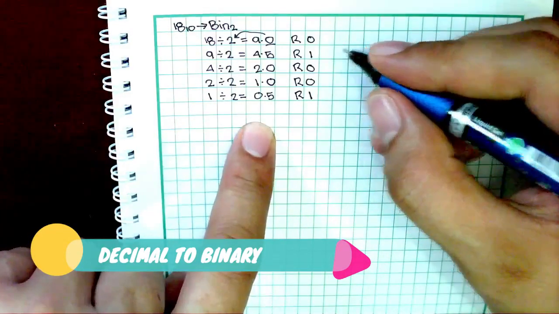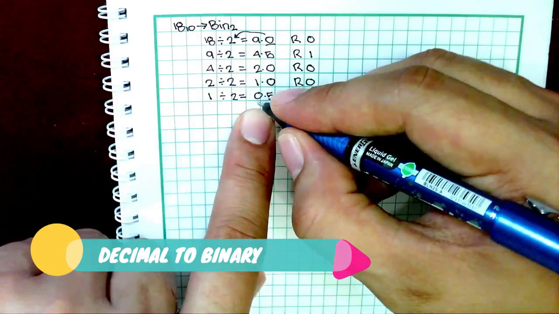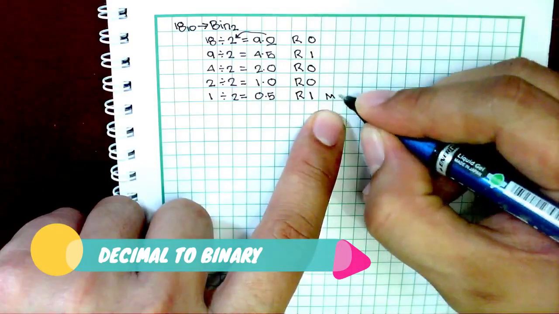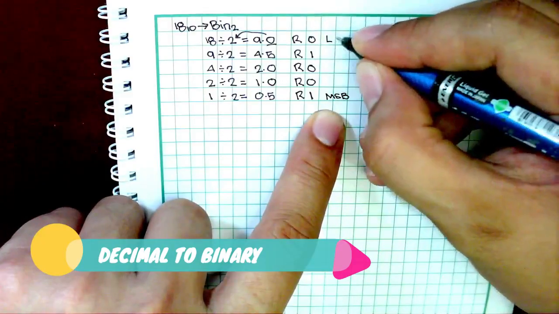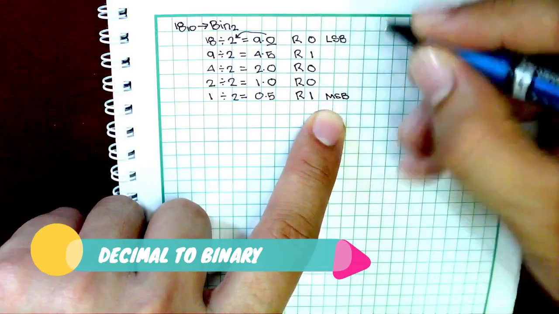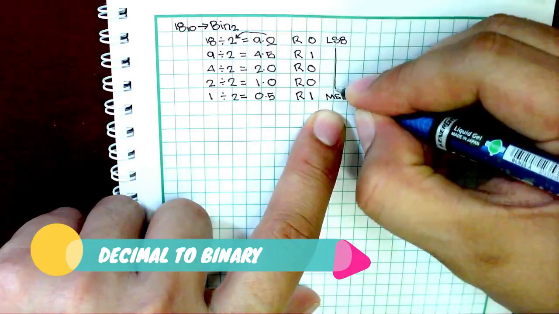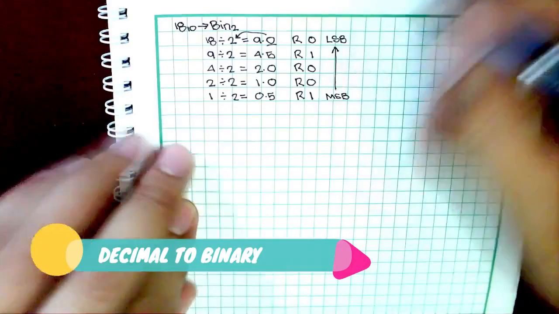And then, if the quotient is 0 and not a whole number, it means that we have already determined the most significant bit, and this would be our least significant bit. Then we are going to write our answer starting from the most significant bit to the least significant bit.